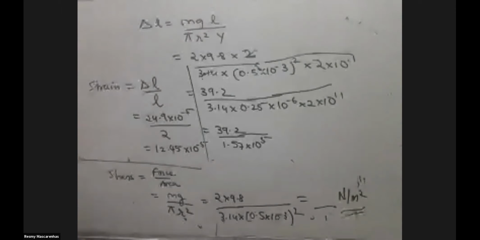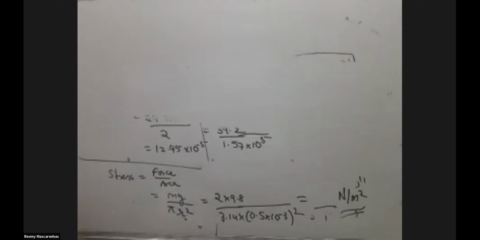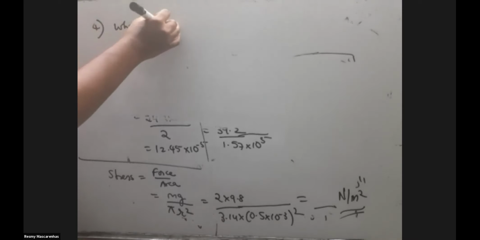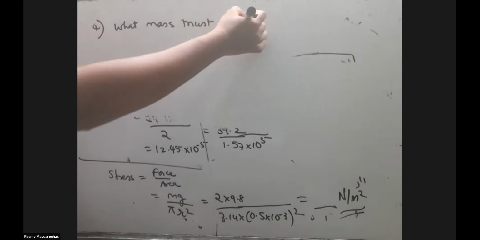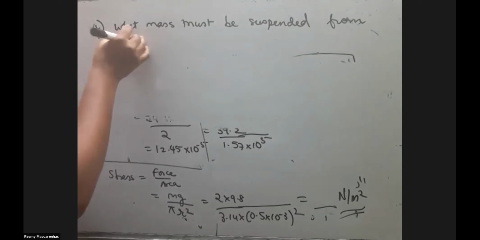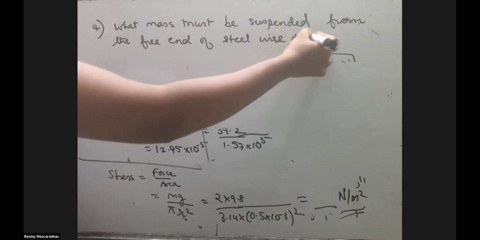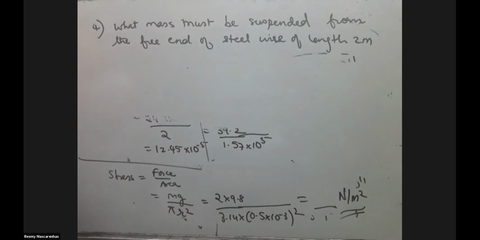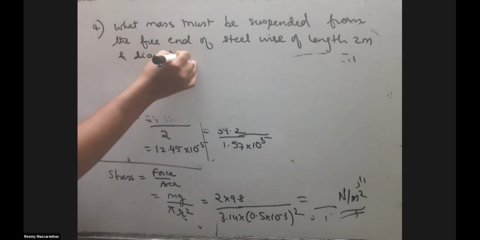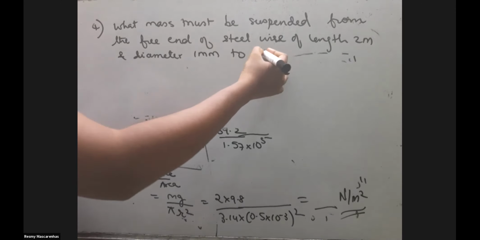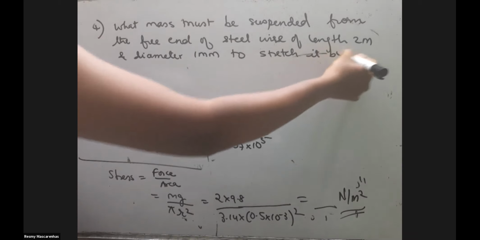Next one. What mass must be suspended from the free end of steel wire of length 2 meters in diameter 1 mm, stretched by 1 mm.